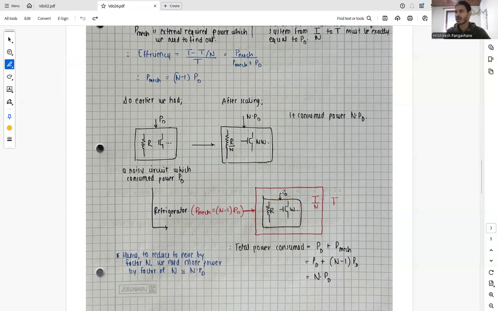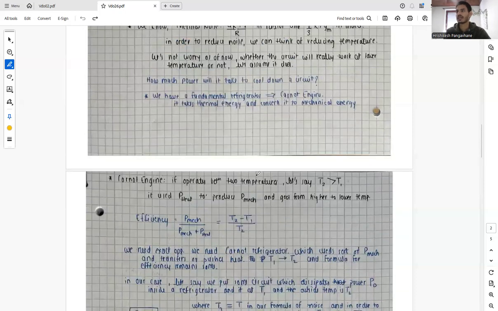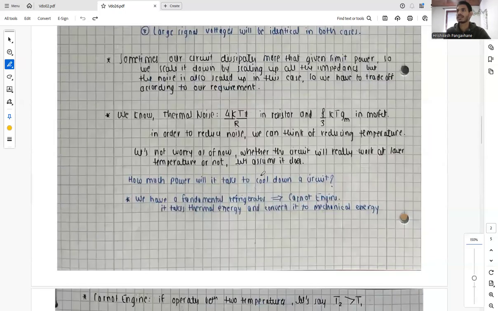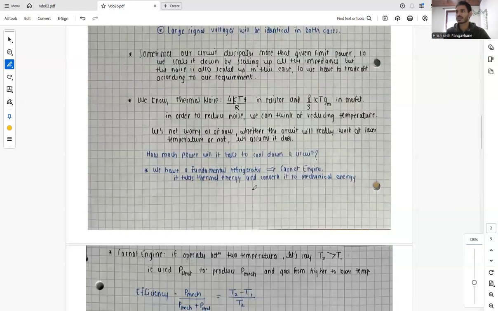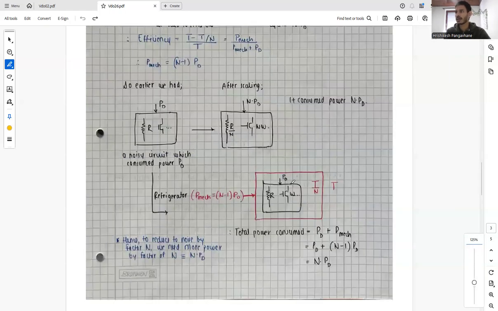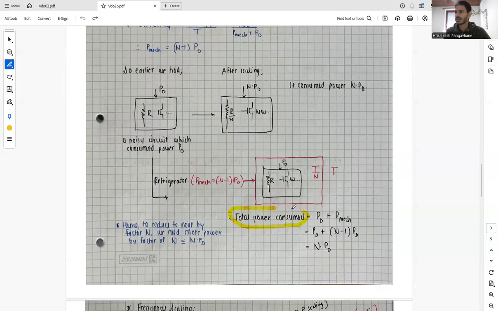And now the circuit requires a power of PD only, but we have reduced the temperature. So after reducing the temperature, we can say that we have achieved scaling down of the thermal noise. Hence the total power consumed is PD plus P mech.